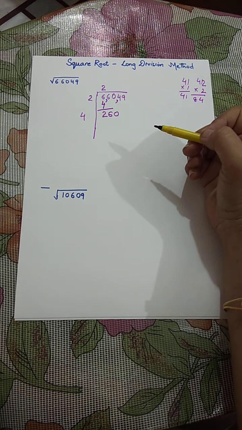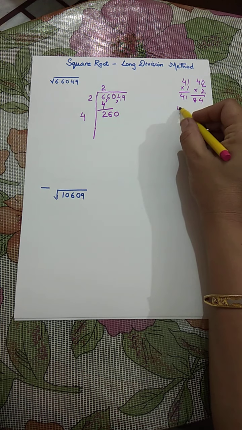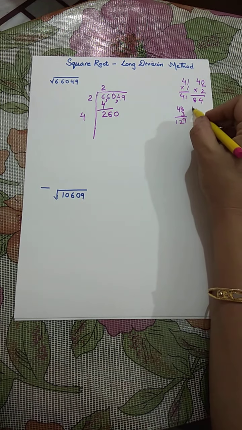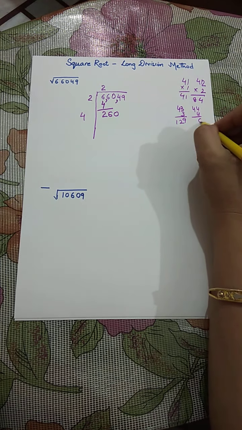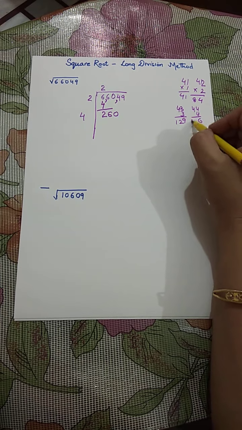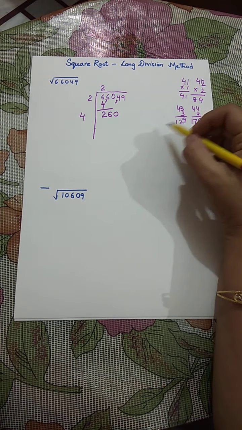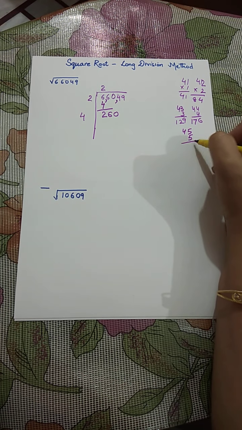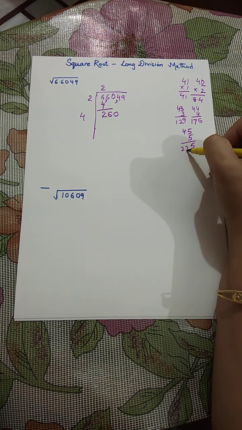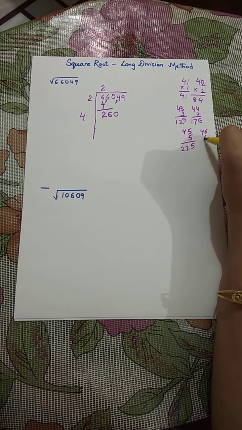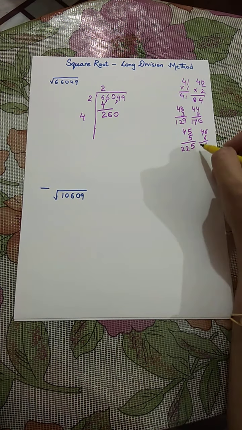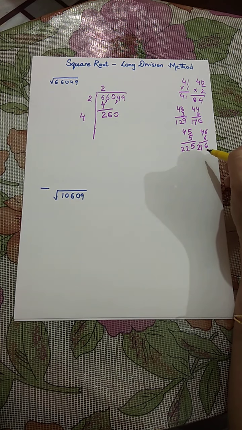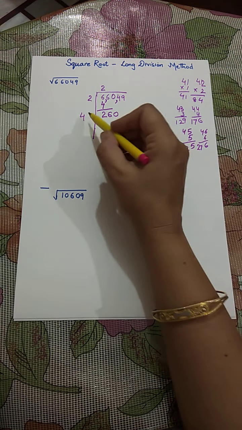Like this you have to keep on doing it. 43 multiplied by 3, that is 129. 44 multiplied by 4 is 176. Still it is smaller, quite smaller. So 45 multiplied by 5, 225. 46 multiplied by 6, that is 276. Now 276 becomes greater, so we will choose 5.